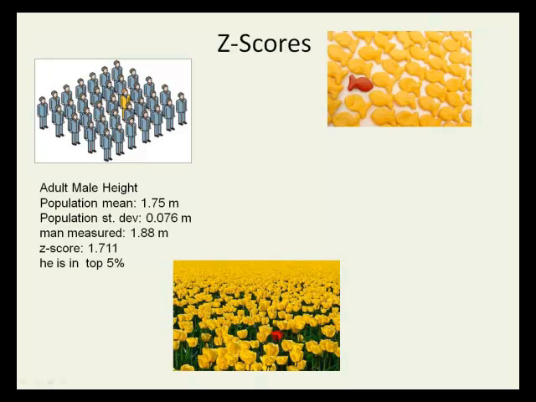You could do it manually like this, using the formula, which is the Z-score is equal to the number you're interested in minus the mean divided by the standard deviation. So here, that means the 1.88 is the value we've measured. Subtract the mean, which is 1.75.